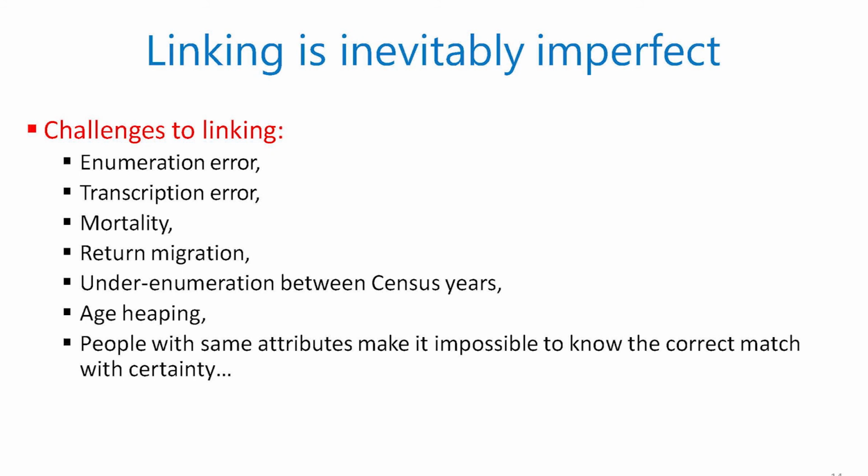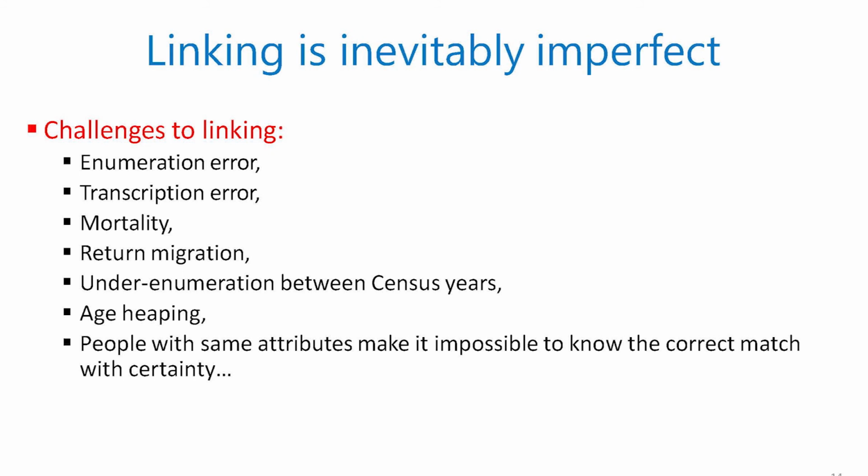We have transcription errors. So Ancestry just may have made mistakes in creating the data sets. There's mortality between censuses. There's return migration, so people return home. We can have under-enumeration of certain populations, especially recent arrivals. Then we have the age heaping problem, right?